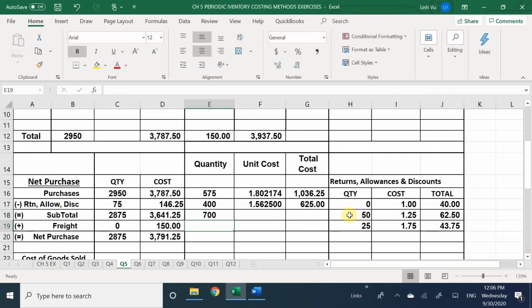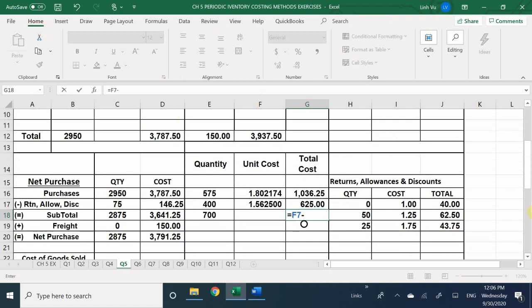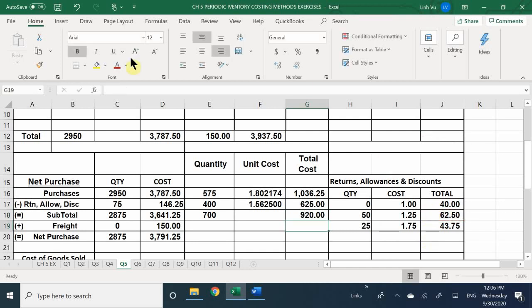So now I actually have 700. My total cost for my original is $982.50. On top of that, because I made a return, I need to subtract out the $62.50 that I actually returned. So my new value is $920.